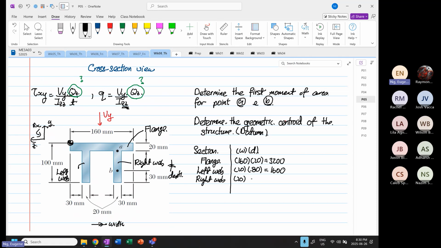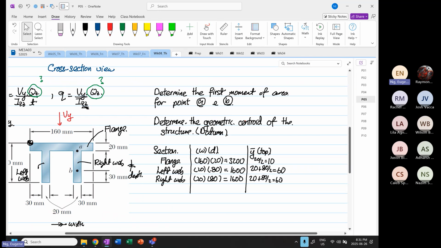The same for the right web, 20 times 80, 1600. The Y bar from top: for the flange this is equal to 20 divided by 2, which is equal to 10. And then the left web will be equal to 20 plus 80 divided by 2, which is 60. It's the same for the right web, 20 plus 80 divided by 2, 60, because the datum is from the top.